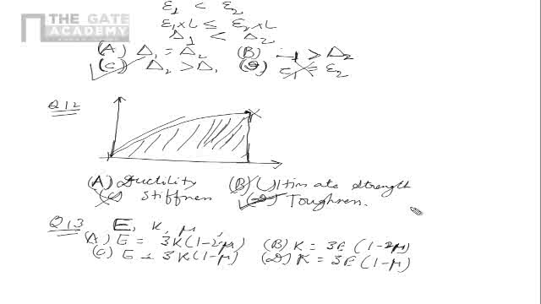So we cannot directly deduce that the value of K is lower than E. That gives you a handle that you cannot use that relationship.